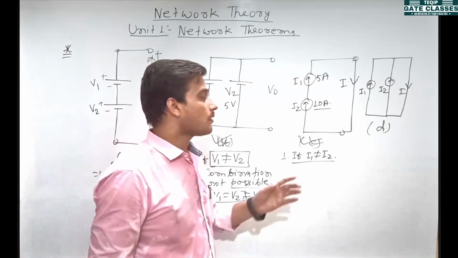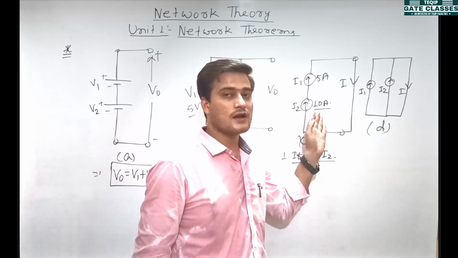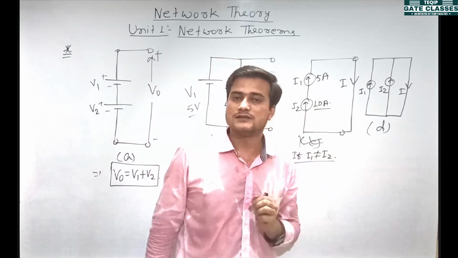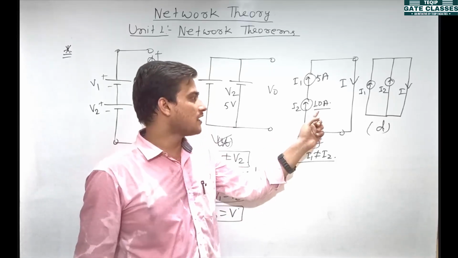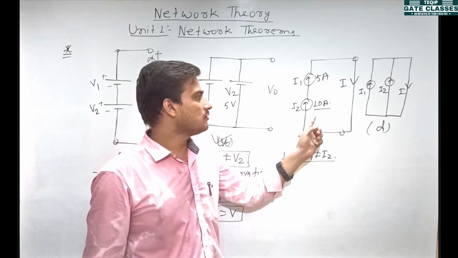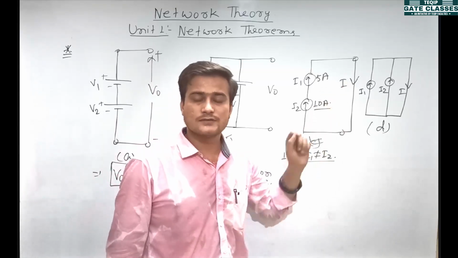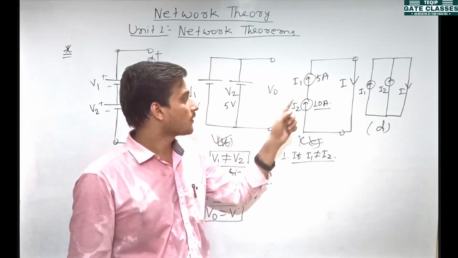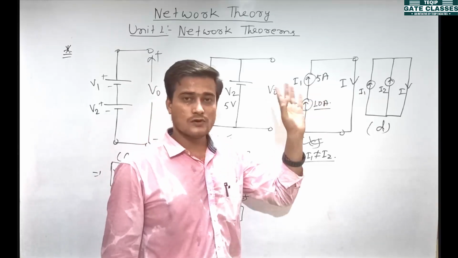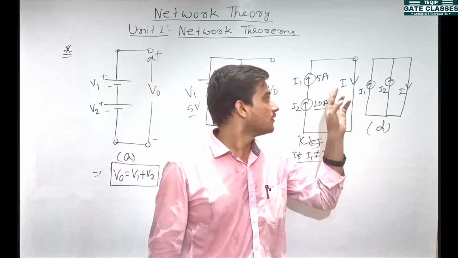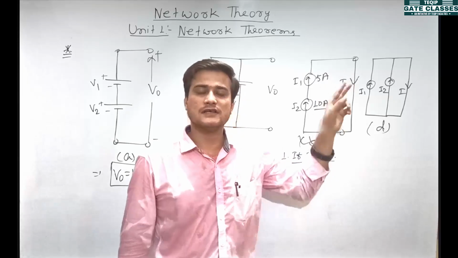The job of an ideal current source is to maintain the constant current in the circuit. So now this is an ideal source. This one will say I will maintain 10 ampere of current in this circuit. Clear? This one will say no, I am also ideal. Wait, I will maintain the current of 5 ampere in this circuit.